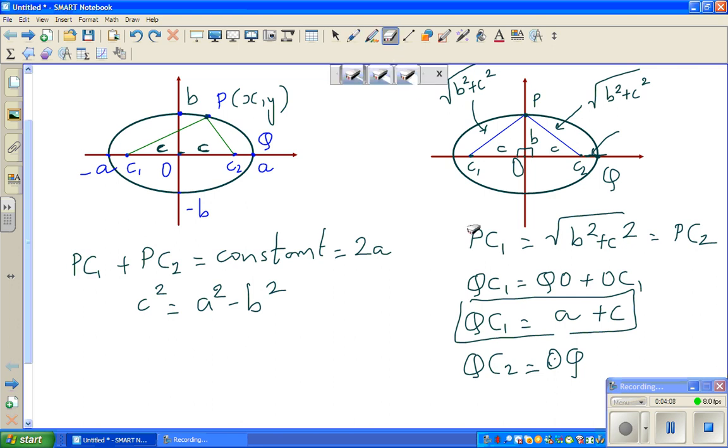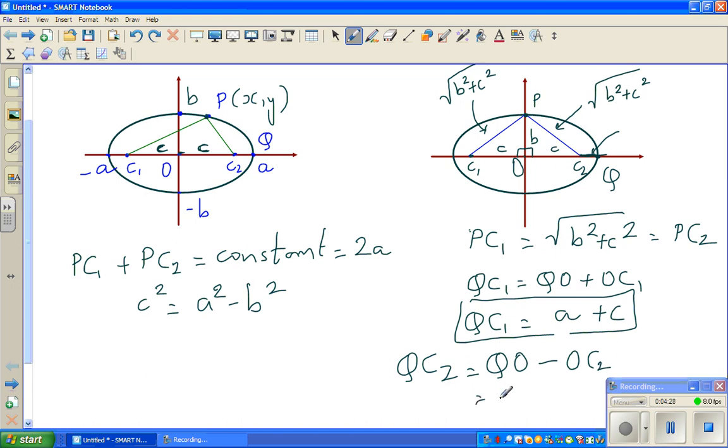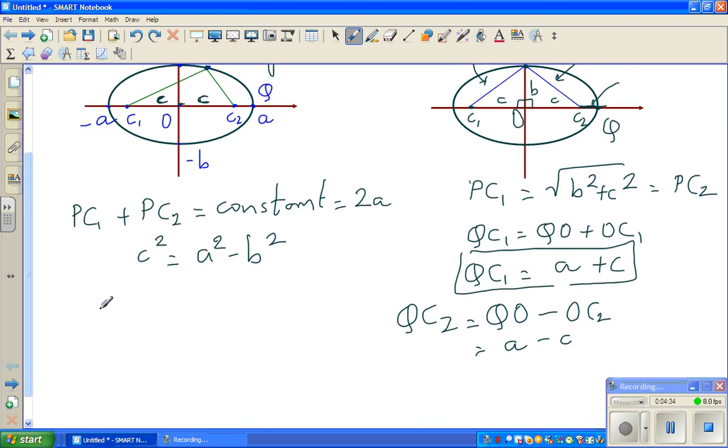QO is again A, and OC2 is again C. So I can say QC2 is A minus C.